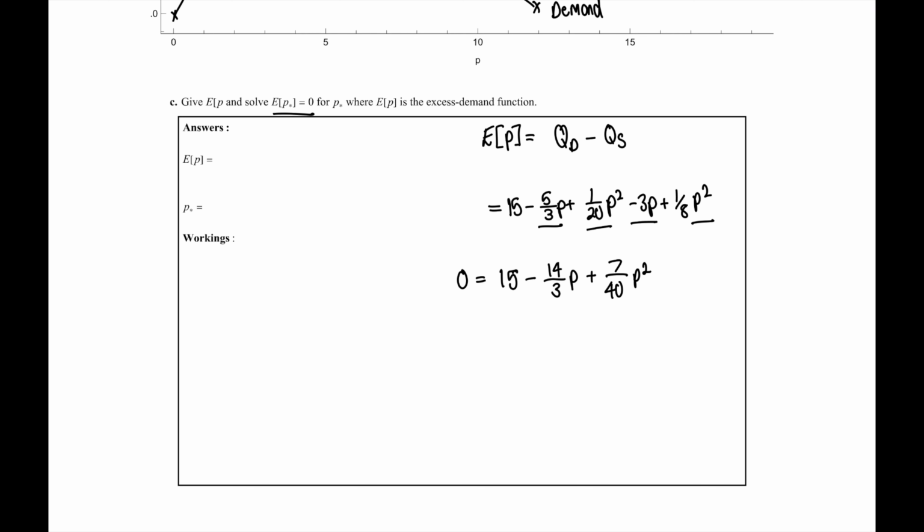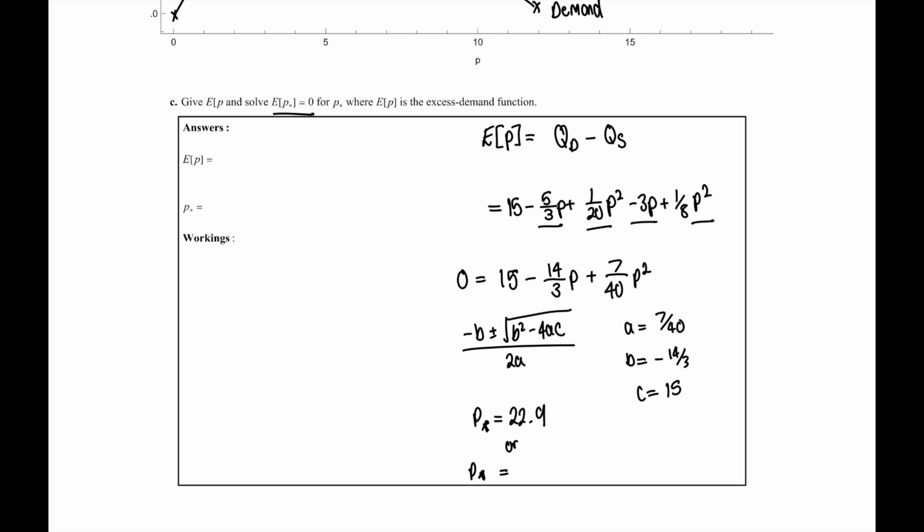If I now solve this using the quadratic formula, which is minus b plus or minus the square root of b squared minus 4ac, all over 2a, where a is equal to 7 over 40, b is equal to 14 over 3, and c is equal to 15, we get p is equal to 22.9, or p is equal to 3.738.